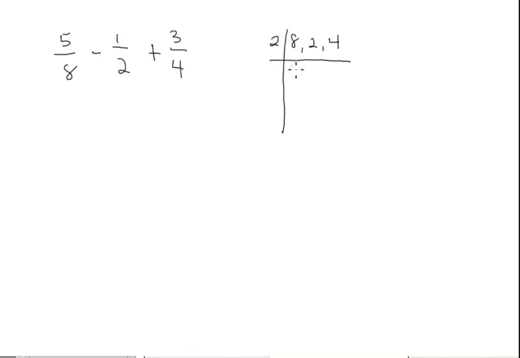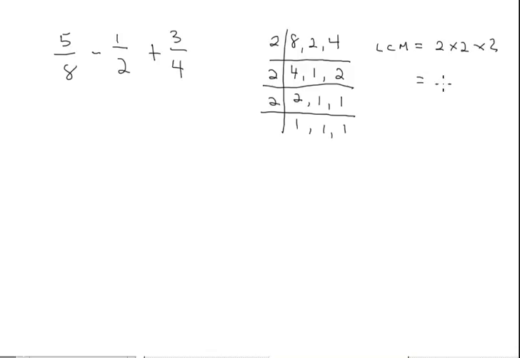So 8 divided by 2 is 4, 2 divided by 2 is 1, and 4 divided by 2 is 2. So again, we're going to divide by 2. We continue the process until we reduce all the numbers to 1, like this. So our LCM, lowest common multiple, is 2 times 2 times 2, which equals 8.